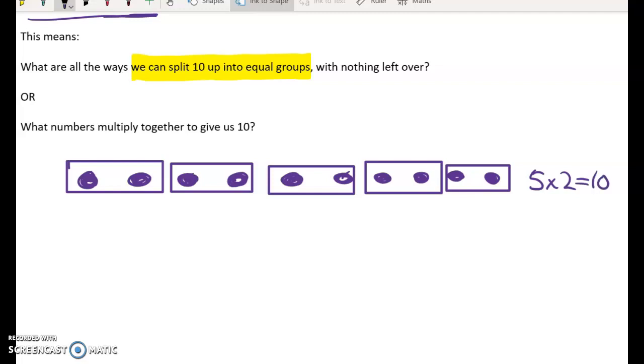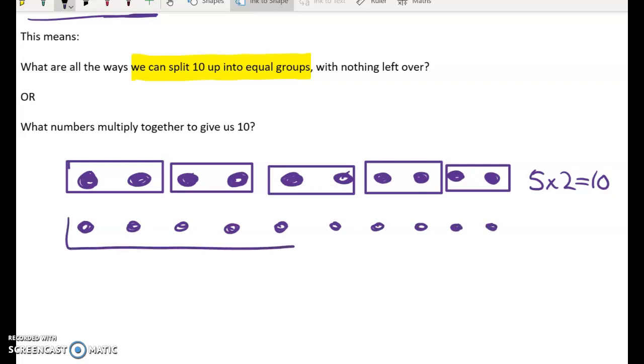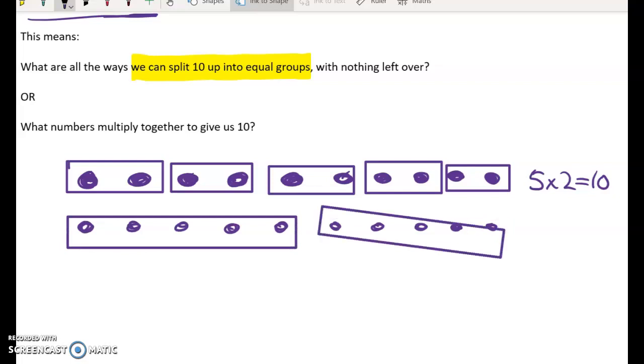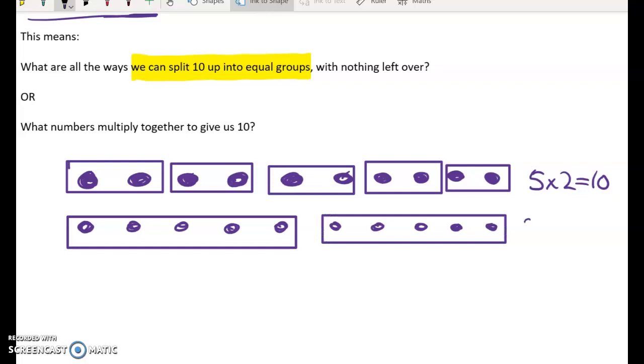Now the other way that I could have drawn that, oh now I have to draw my dots again. Hang on, let's draw our 10 dots. So we've got 2 groups of 5. Sorry, the first one is 5 groups of 2. And here I've rearranged that and we've got 2 groups of 5 equaling 10.